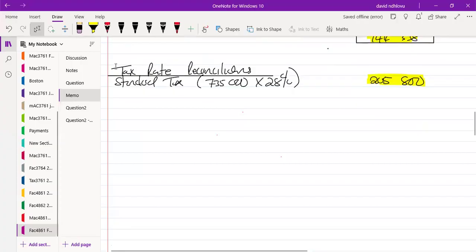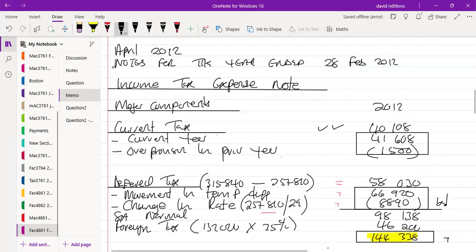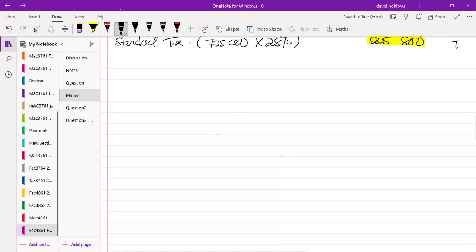Then we say, when calculating this, we included also the exempt differences. But in calculating this, we did not include exempt differences because in calculating the current tax, we eliminated the exempt differences. So part of the reconciling items is the foreign income.